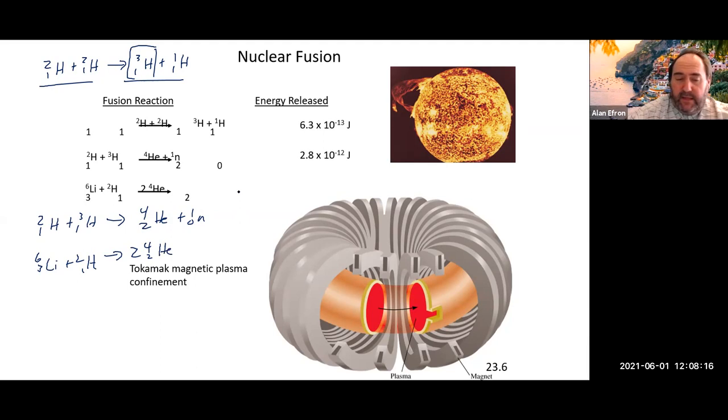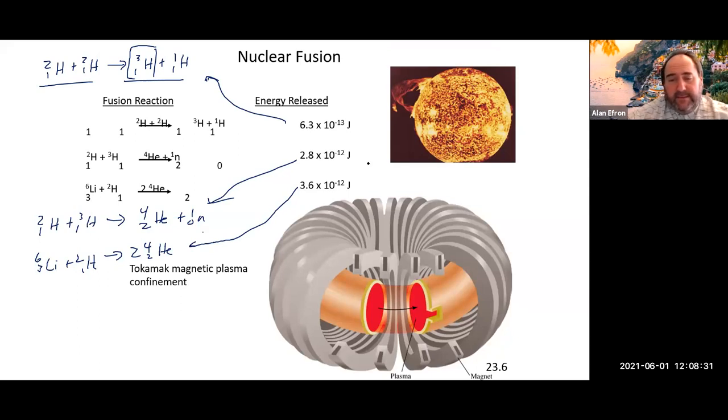But it gives off a lot of energy, as you can see here. This guy goes that way, this guy goes that way, and this guy goes this way. And this occurs at very, very high temperatures, like the sun in this picture here to the right. So when we talk about fusion, it happens at very, very high temperatures.